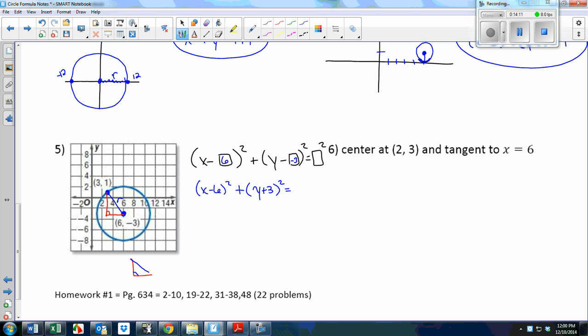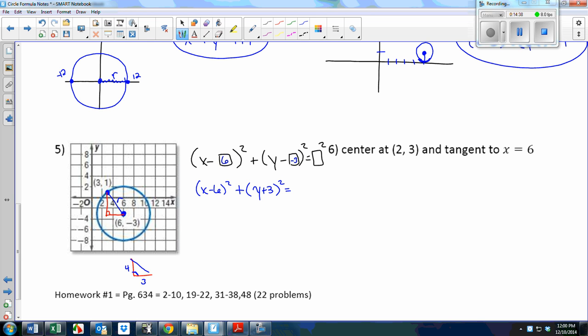How long are those sides? How long is the bottom side of that triangle? From x value 3 to x value 6. 3. How tall is that triangle? From y value negative 3 to y value positive 1. How far up would that be? 4. 3 to get back to the x-axis, then another 1 to go up to 1.